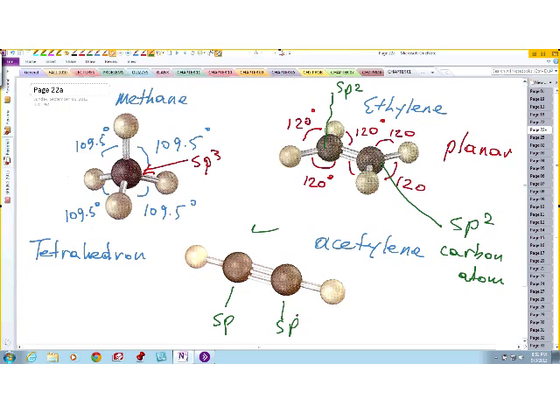This is an sp carbon atom. However, it still does have 4 bonds. So what we need to do now is explain how this happens. Okay, we now need to explain how we get sp3 hybridization, and how we get sp2 hybridization, how we get the sp hybridization.